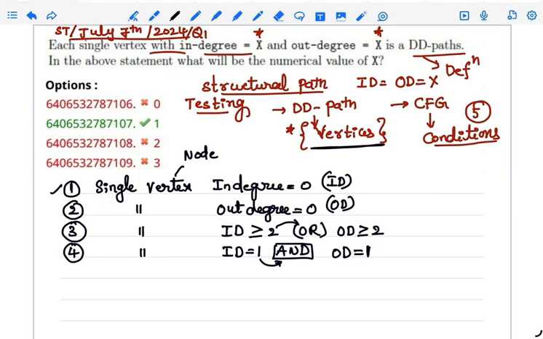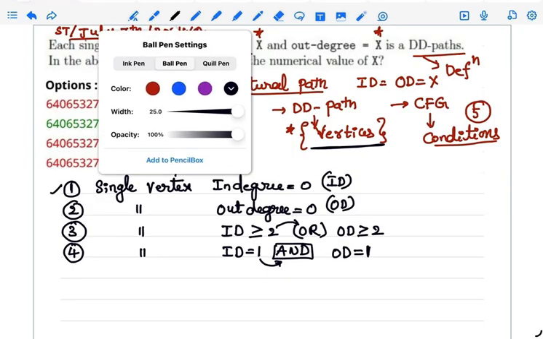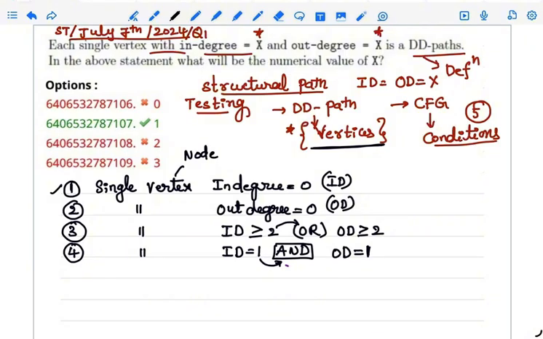In degree 1 and out degree 1, you have to remember both for the and condition, whereas for the or condition, in degree or out degree greater than or equal to 2. So you have to remember this one.